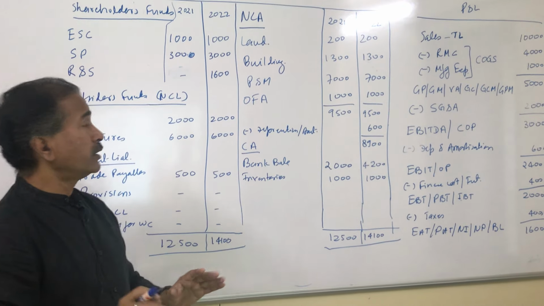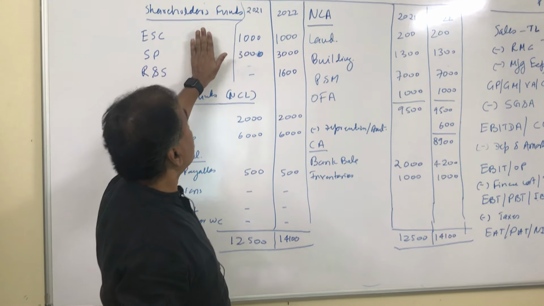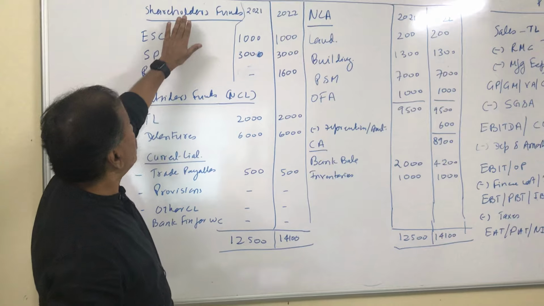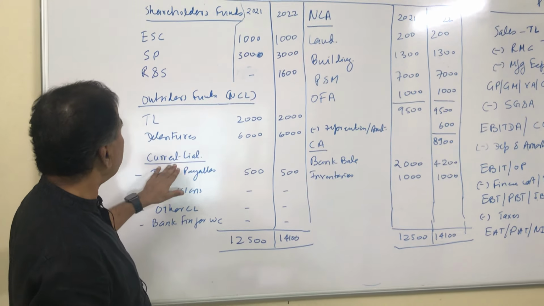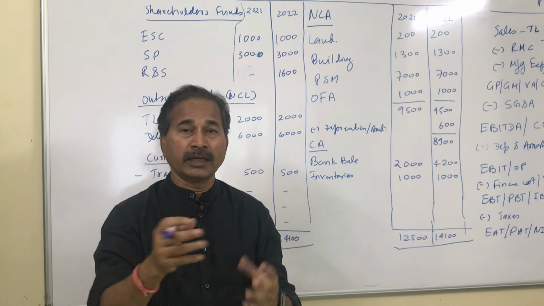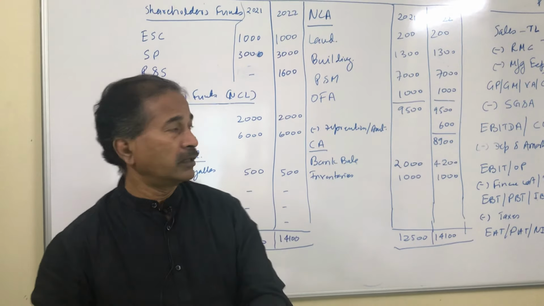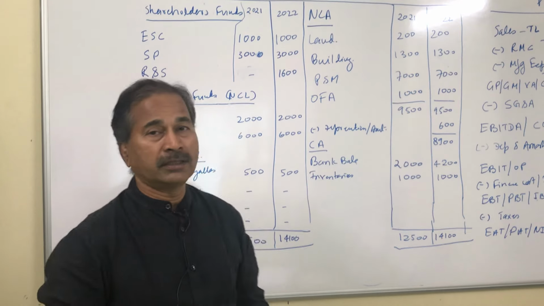So just to quickly sum it up, balance sheet has got two sides, liability side and the asset side. In the liability side you will have the shareholders fund and you will have non-current liabilities and you will have the current liabilities, and I am sure you understand the difference between the three items: shareholders funds, non-current liabilities and the current liabilities. Asset side will have the non-current assets and it will have the current assets.